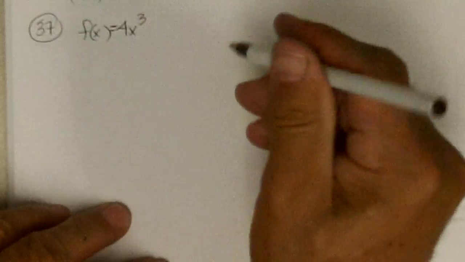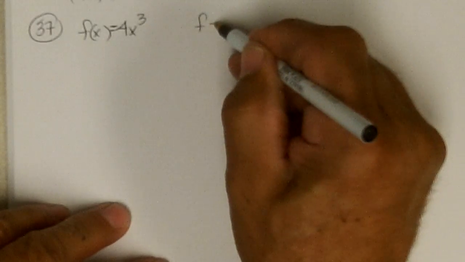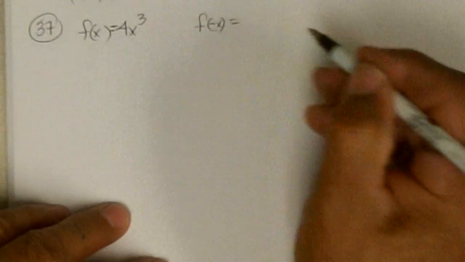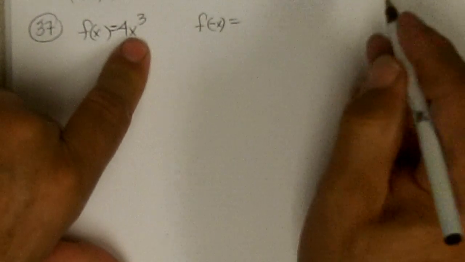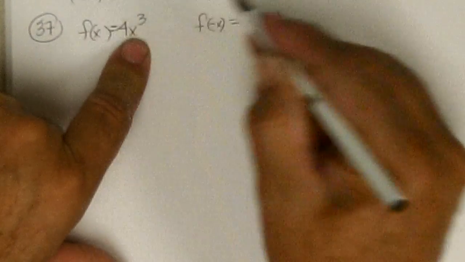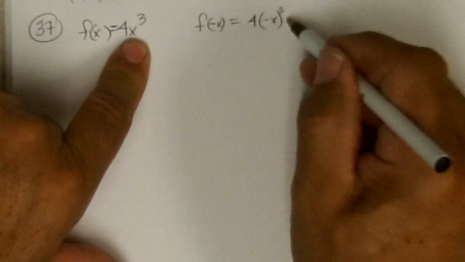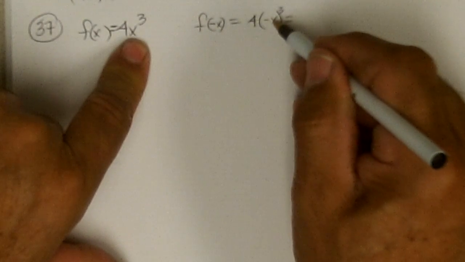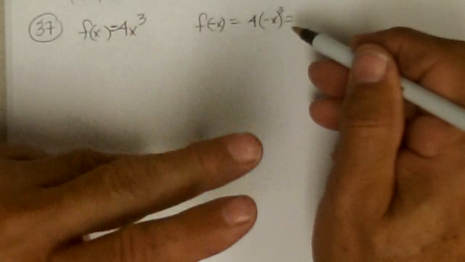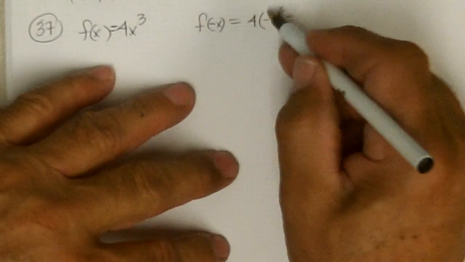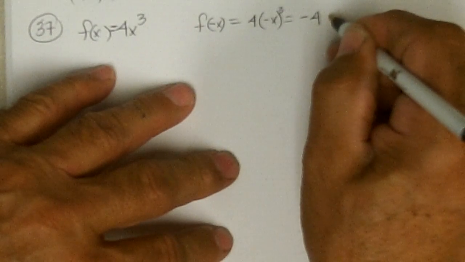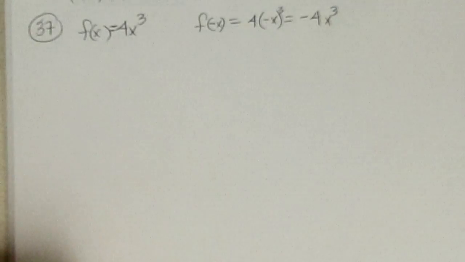So to do that algebraically, we put in -x into f of x and see what happens. So if we put -x in here, we get 4 times -x, replacing the x, cubed. Well, a -x times a -x times a -x, 3 negatives multiplied will still be negative, and so that could come out and be -4, and x times x times x is x to the third.